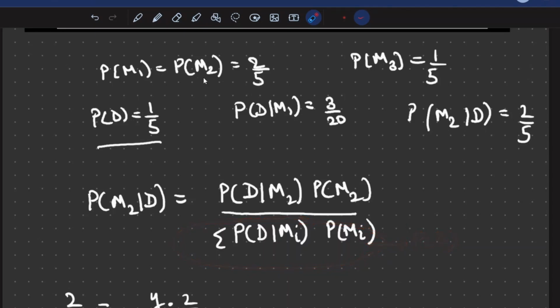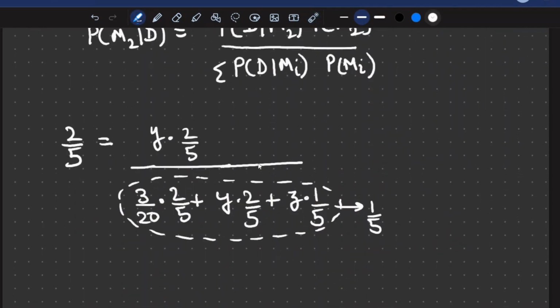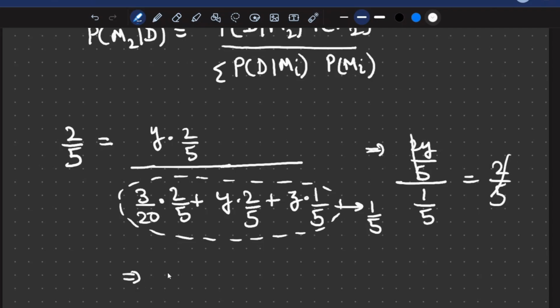Okay. So 2y by 5 by probability of defective, which is 1 by 5, is equal to 2 by 5. 2 by 5 cancels out, and we have y equals 1 by 5.